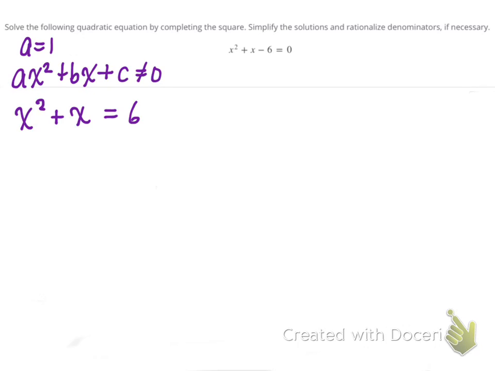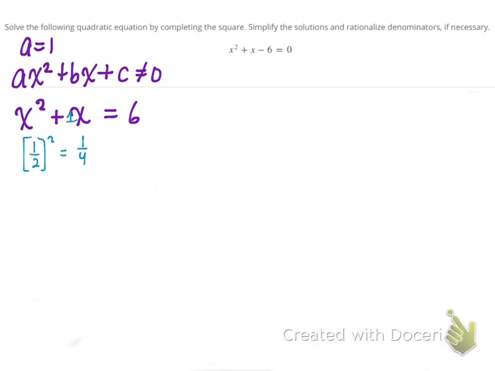Okay, now I'm going to continue by taking half of the middle term and squaring it. Notice there's a 1 right here. We don't see it, but we know there's a 1 there. So when I take half of 1, that gives me 1/2, and I have to square it, which gives me 1/4.